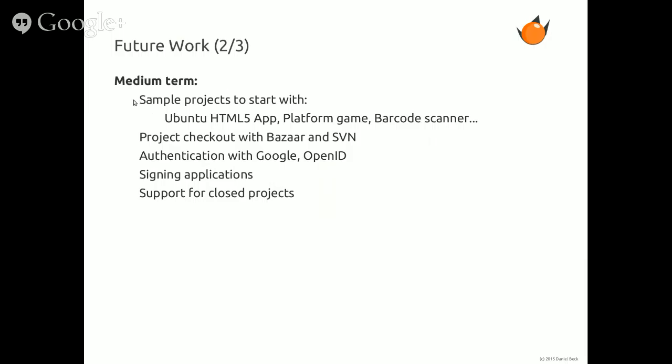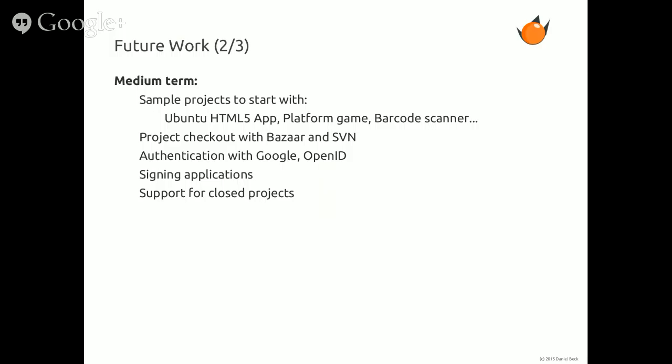And a quite big part of the work I will have to do later is that I want to make sample apps to start with. They will be on GitHub.